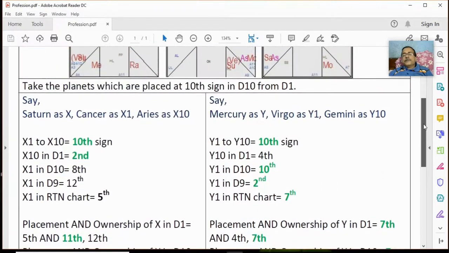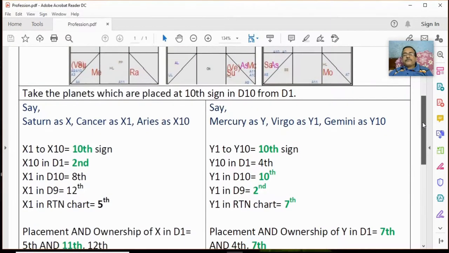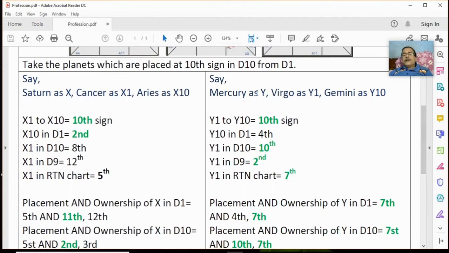Now come to Mercury. Say Mercury as Y, Virgo as Y1. In D1, Mercury is placed in Virgo, so we say Virgo is Y1.